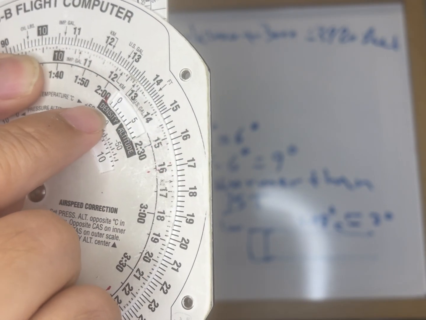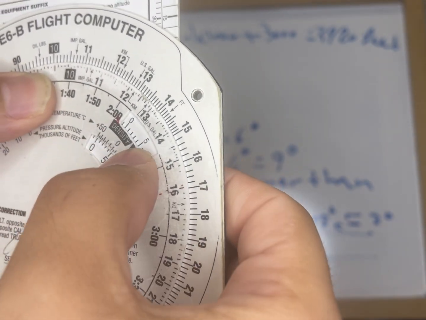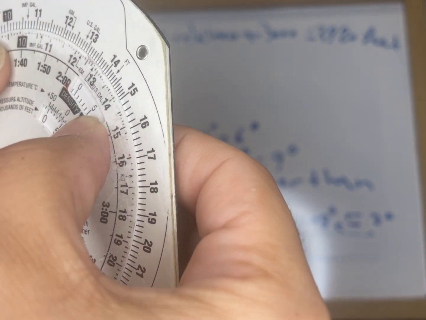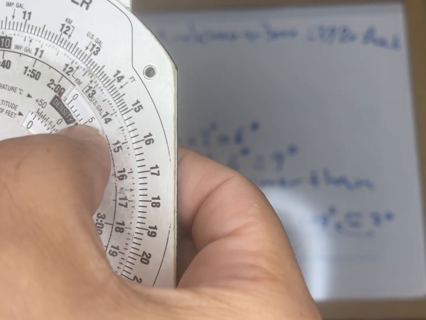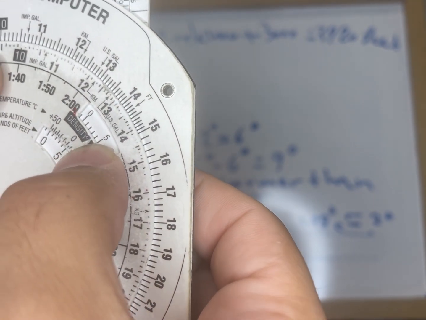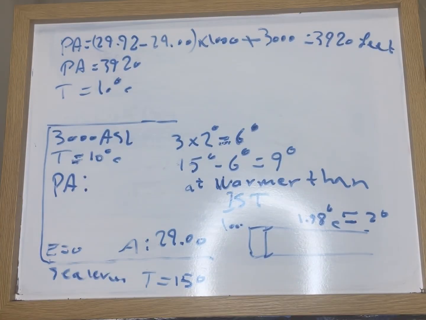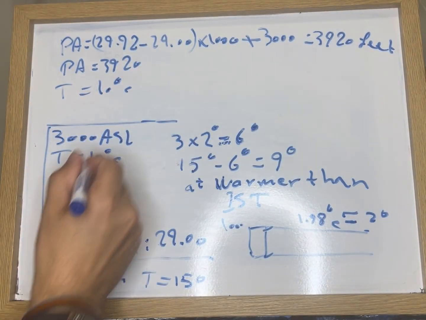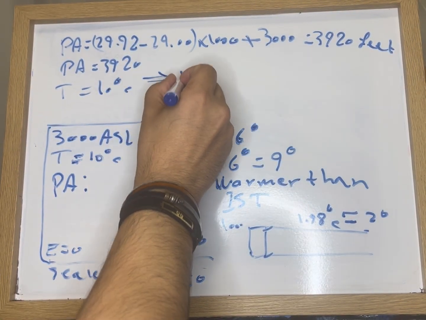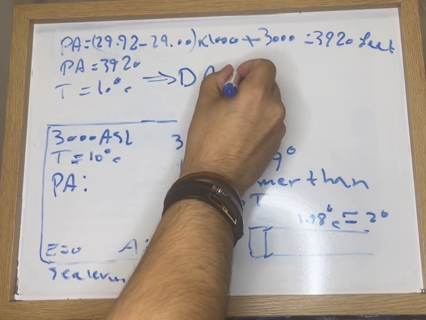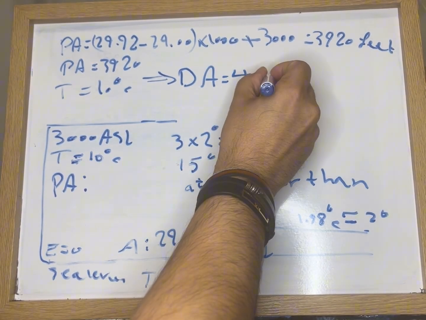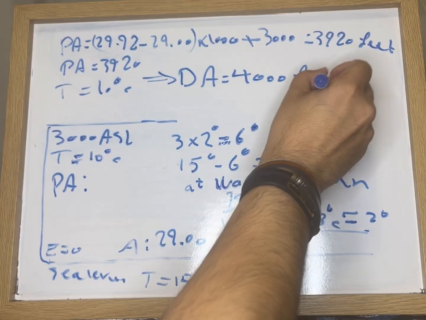You can read density altitude in this window at around 4000. So density altitude at this station is almost 4000 feet.